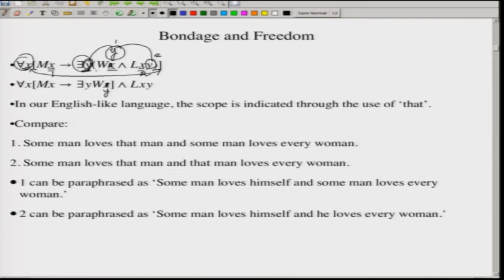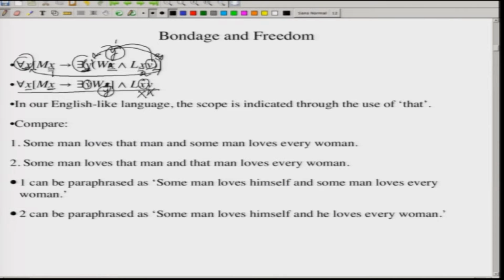So, the scope is once again indicated by a bracket, and in this case we can see in this formula, although this x is bound, this x is bound, this is not bound, and although this y and this y are bound, this occurrence of y is not bound.